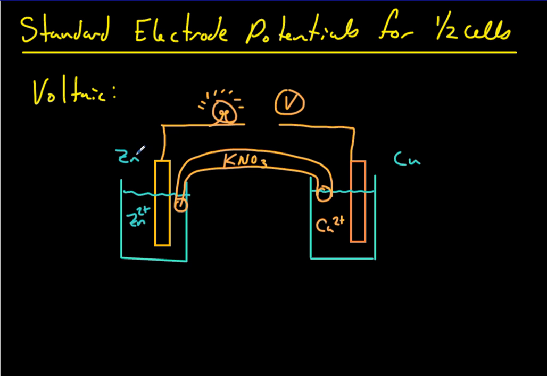As the current flows, there's going to be reduction and oxidation, and that will tend to change the balance of charge within the solution. So the salt bridge is there to replace those ions that are lost so you don't get an off balance of solution. If you look at your chart, which of these two metals is more active or more reactive?